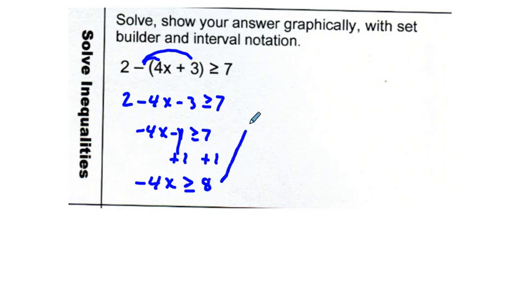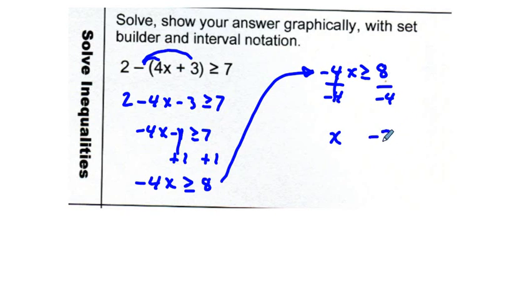Next we're going to divide by negative 4. And then what we have is x is, on the right side, 8 divided by negative 4, which is negative 2.